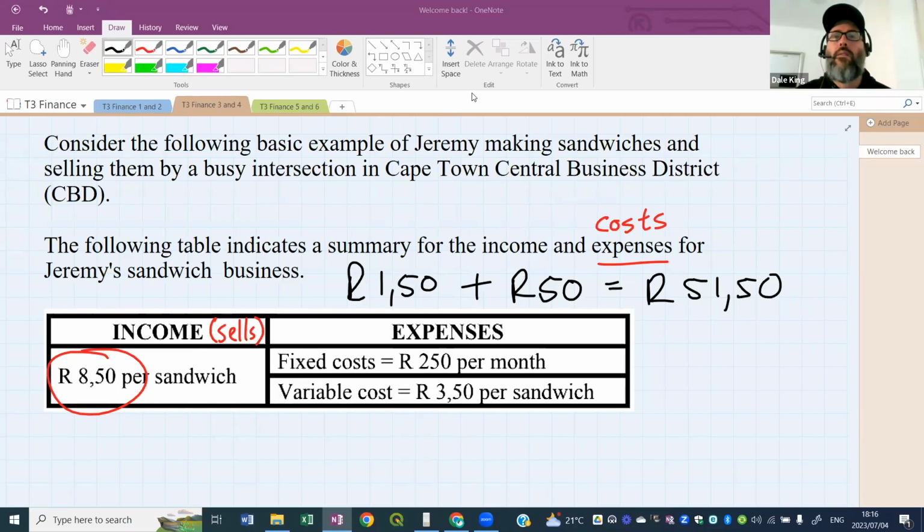And also, we have to check our law of demand. Law of demand. Tell us more. When we increase our prices, our demand might decrease due to the increase of the price.